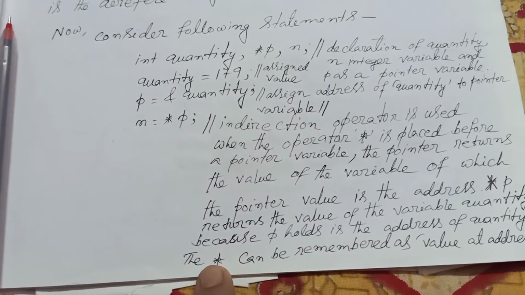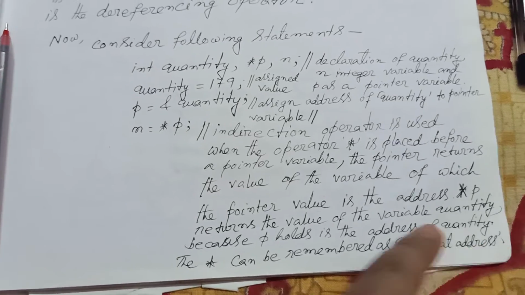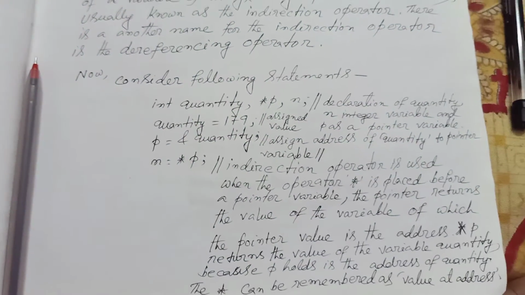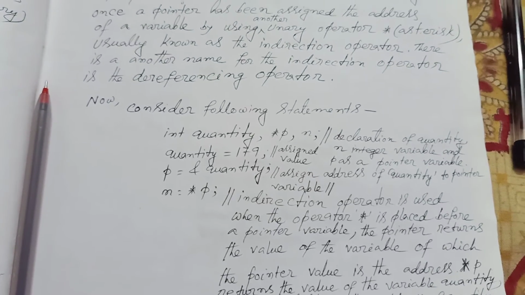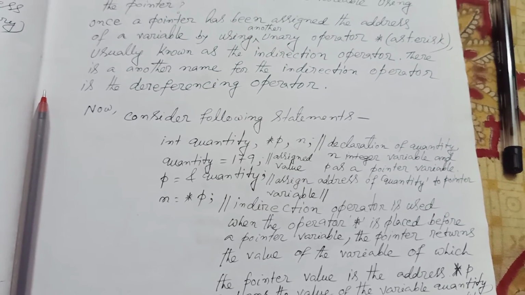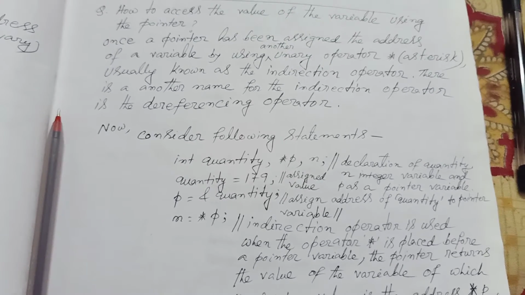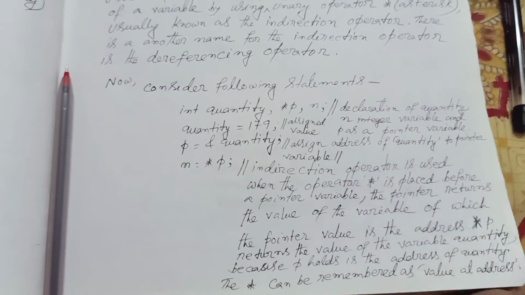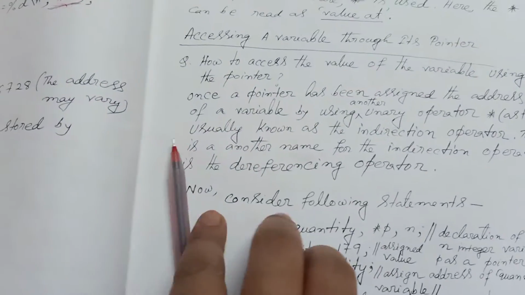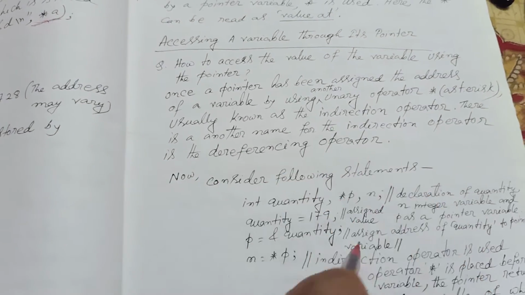The asterisk can be remembered as value at address. So in this way we are able to access the value of any variable by using the pointer variable. Hope you understand; read again and again.